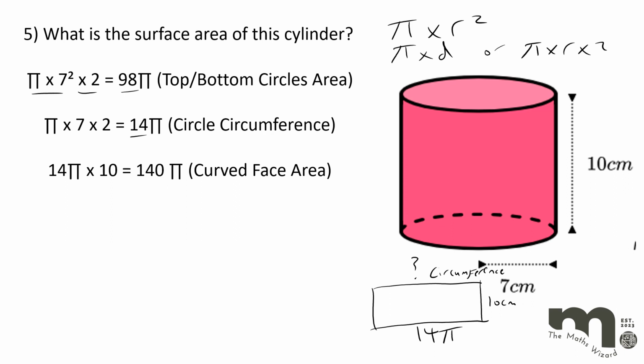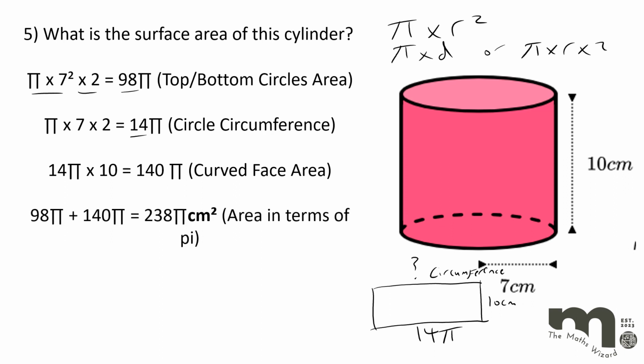If we then add that to the area of the circles, that gives us 238 pi centimeters squared. So that's the area in terms of pi, which in some questions is perfectly acceptable to write like that. But if you type that in on your scientific calculator, that would give you 747.7 centimeters squared to 1 decimal place on this one.